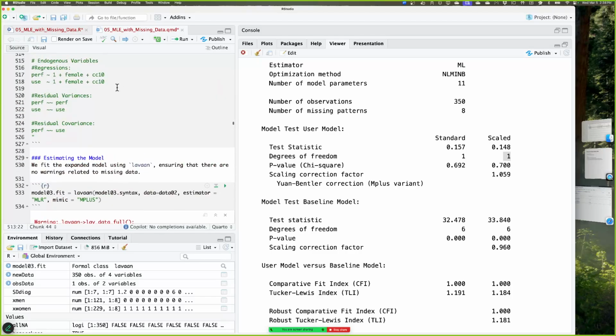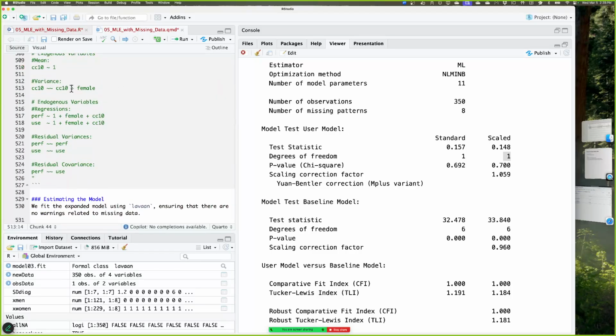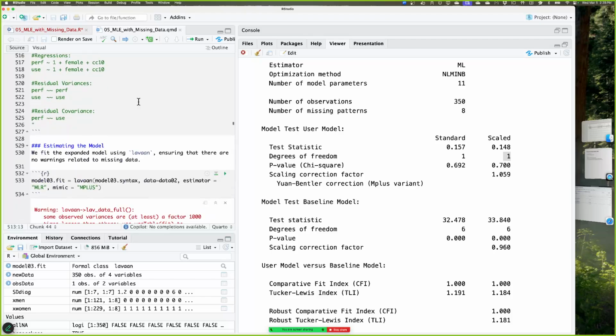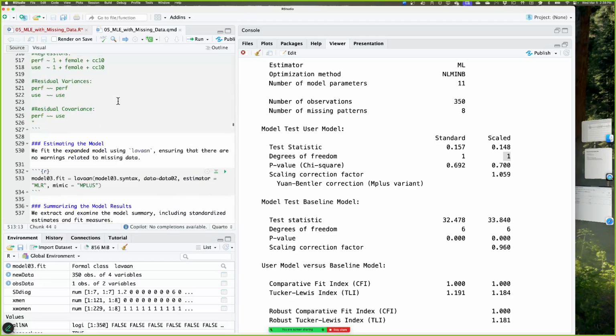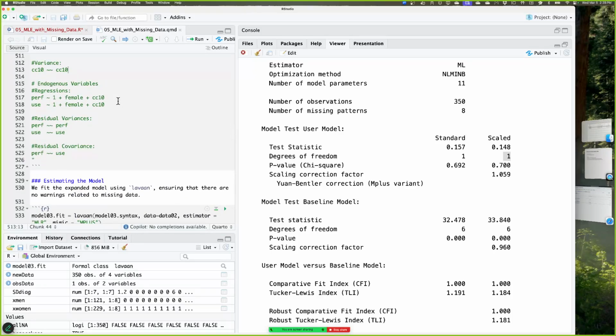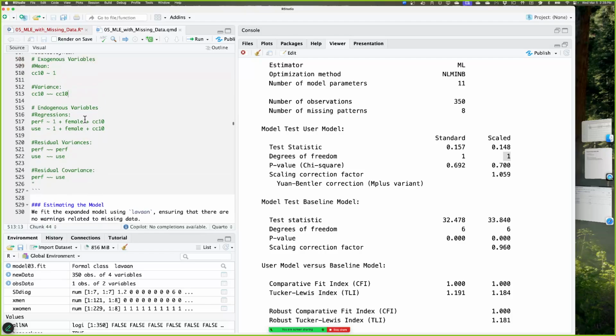Yeah, it's not. The reason for that is we're in this weird spot. These types of models work best if what's in the likelihood, the endogenous variables, is either all or none. Meaning, if we put female in the likelihood, like this is trying to keep female out of the likelihood, but CC10 in, then it doesn't know what to do to fill in the value of its covariance.